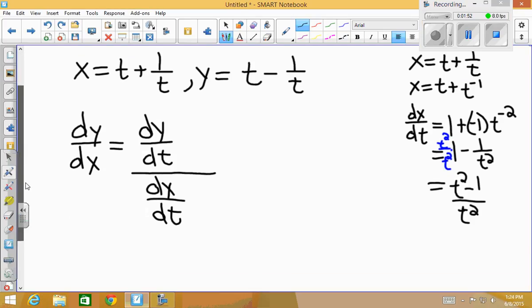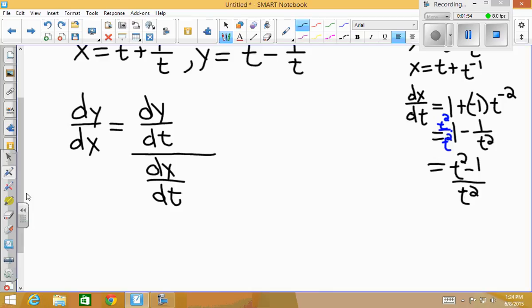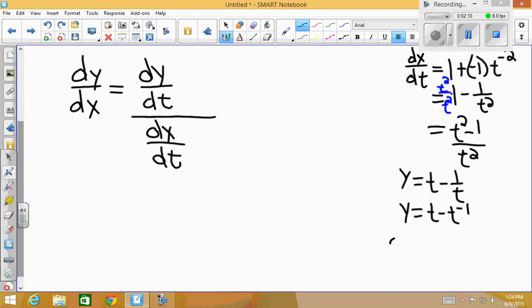Similarly, we can find the derivative of y with respect to t. We know that y is equal to t minus 1 over t. That's given in the problem. So here y is equal to t minus t to the negative 1. And when we find dy dt, we have 1 plus 1 over t squared.